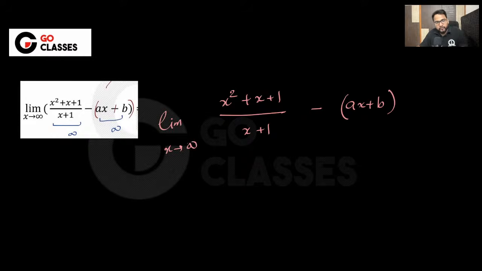This is x square. So if you try to solve this, x square plus x plus 1 upon x plus 1 minus ax plus b, here limit x tends to infinity. If you try to solve this, then what will happen? What's going to happen?